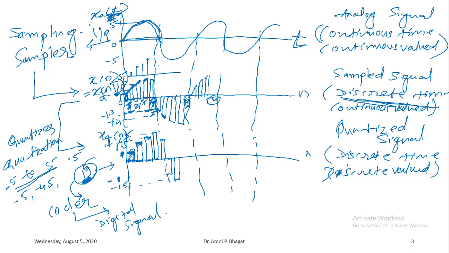You can use binary coding or any other coding. If I am using binary coding and considering a total of 19 levels in the quantized signal, how many bits will be required in my binary code to represent 19 values?